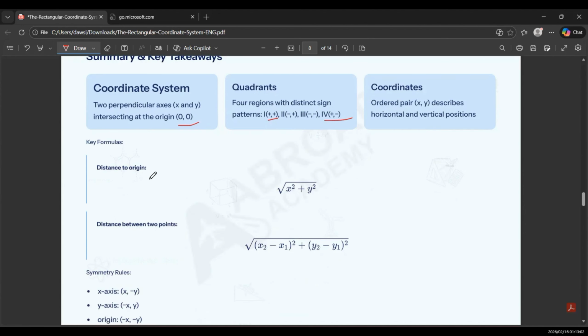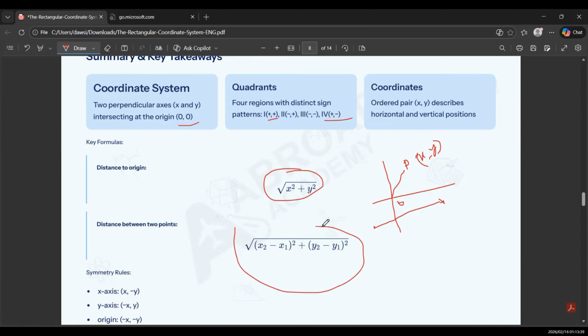For distance to the origin, this is the origin and here is a point (x, y). If you want to measure the distance from the origin, we use this formula. For distance between two points, suppose here is a point and here is another point, and we want to measure the distance between these two points, we use this formula.